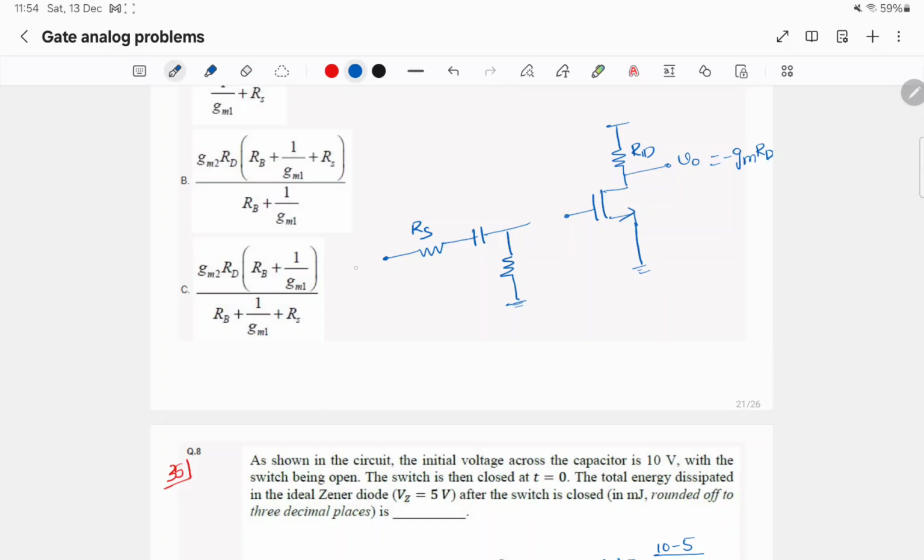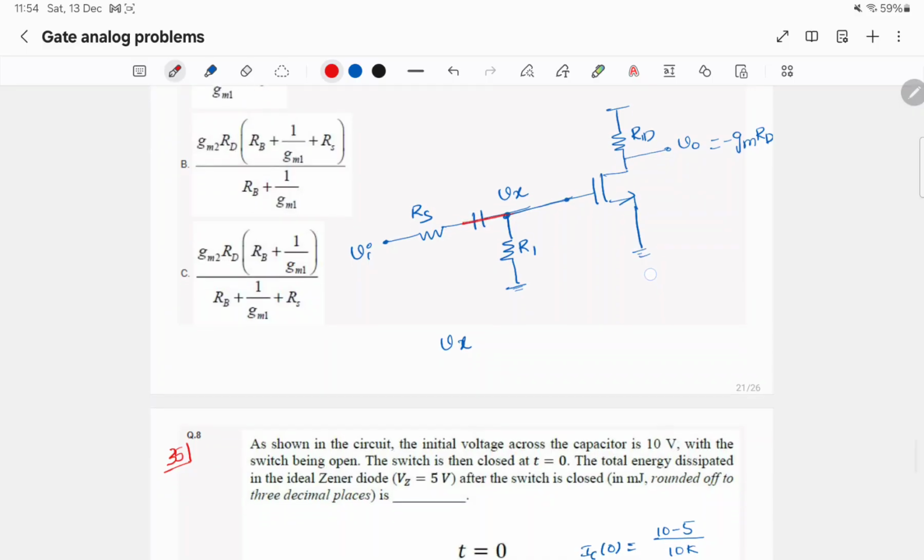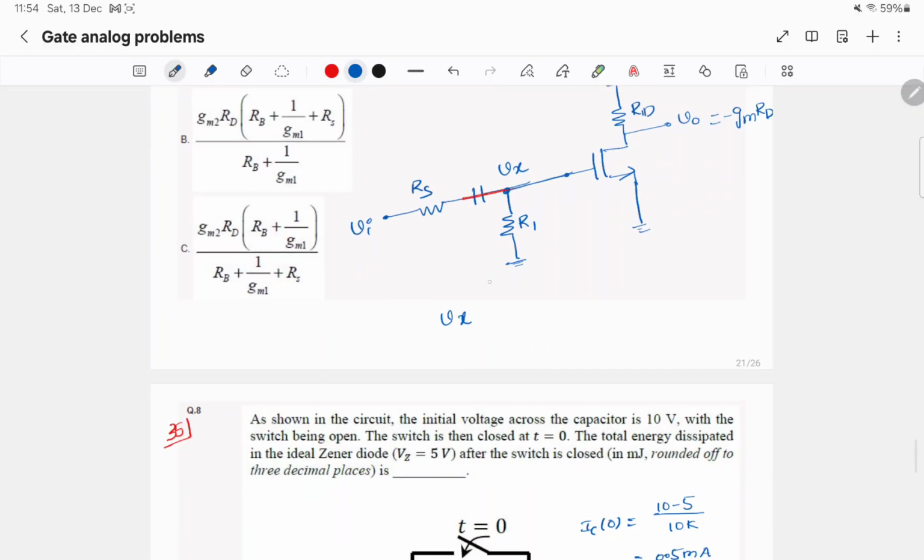If I apply Vi here for small signal, this node potential, let us say this is Vx, will be voltage division between these two. For AC, capacitor will be shorted, so Vx will be R1 by Rs plus R1 into Vi.